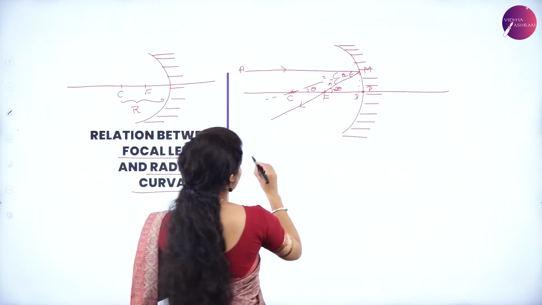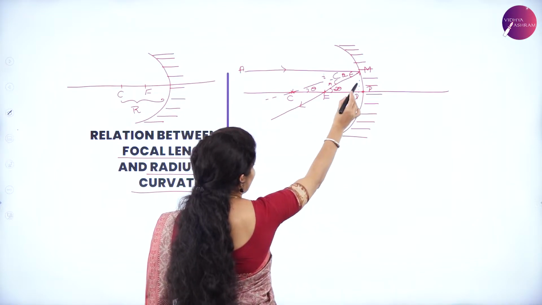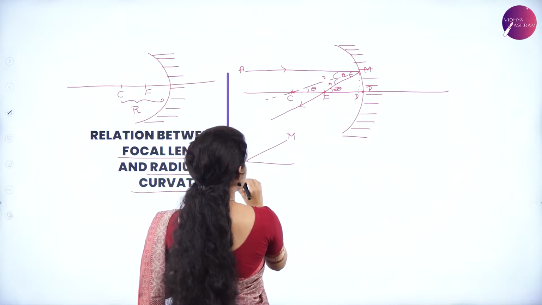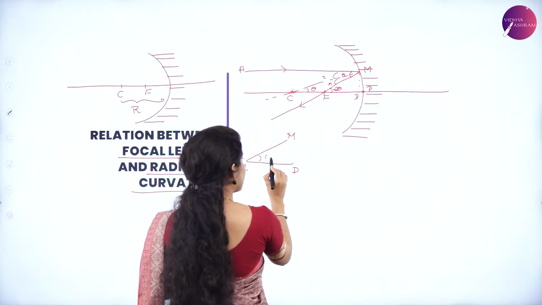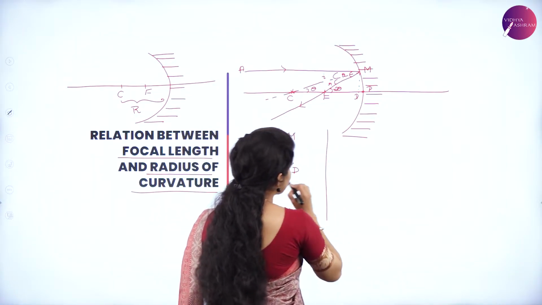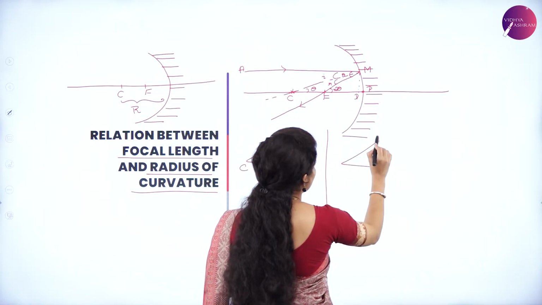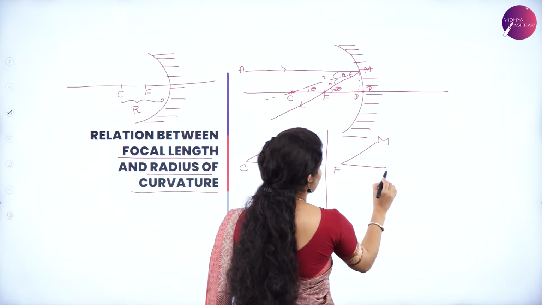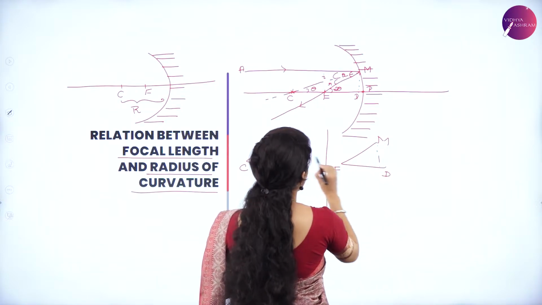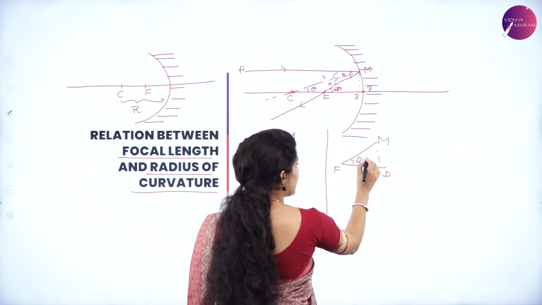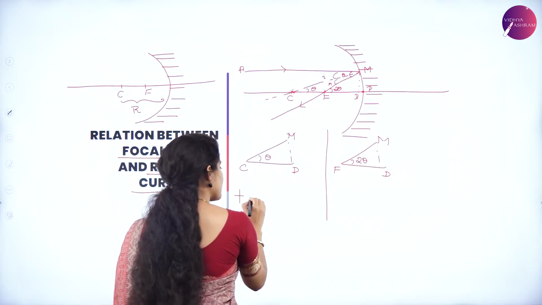Now, consider one triangle MCD, which has angle theta, and another triangle MFD. Consider this angle as 2 theta and apply a tan function to it.